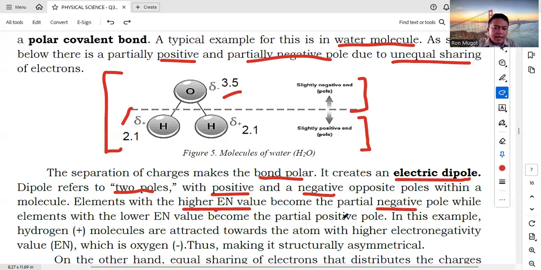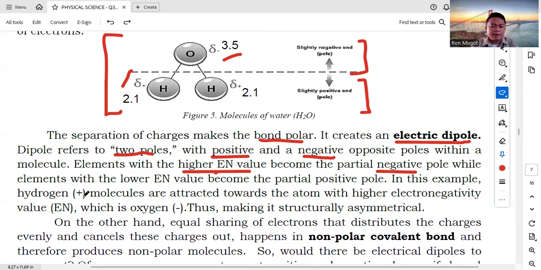In this example, hydrogen has a positive charge and is attracted towards the atom with higher electronegativity value, which is oxygen. That's an ion charge, thus making it structurally asymmetrical.